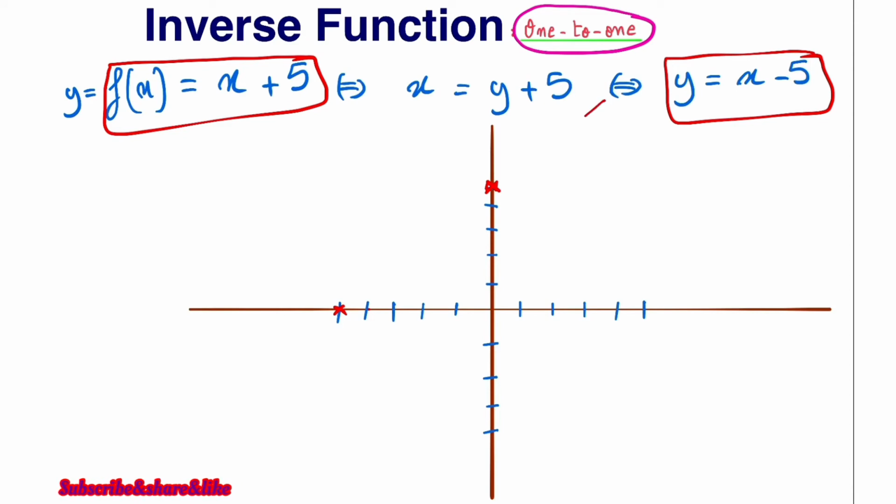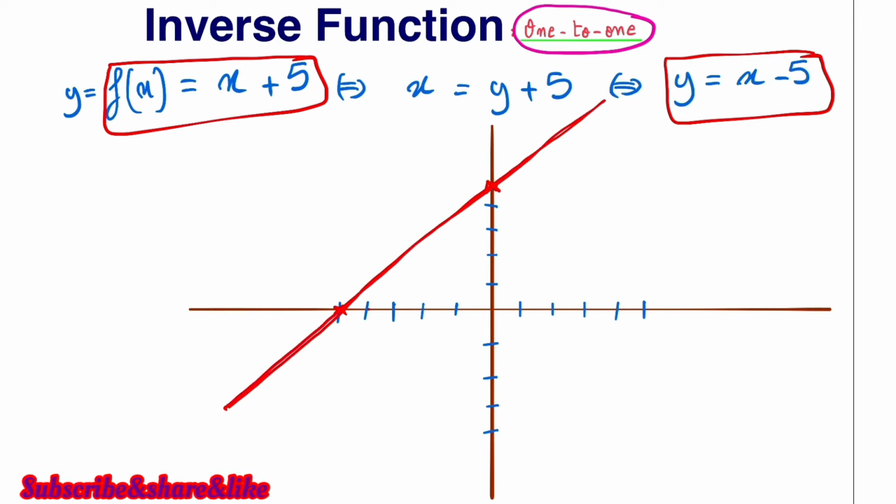So this is the graph here. And for the other graph, when x equals 0, y is minus 5, 1 2 3 4 5 is here, and when x equals 5, y is 0, counting 1 2 3 4 5 is here.